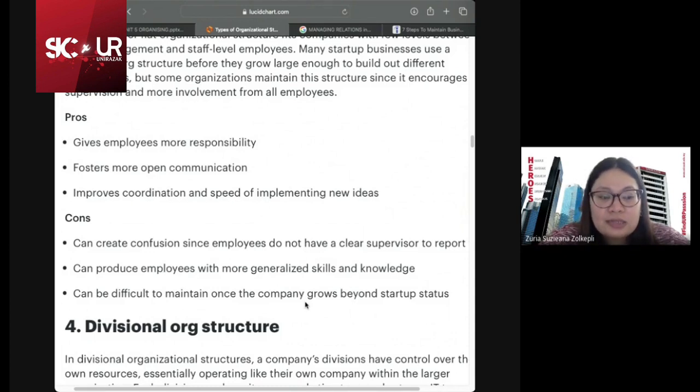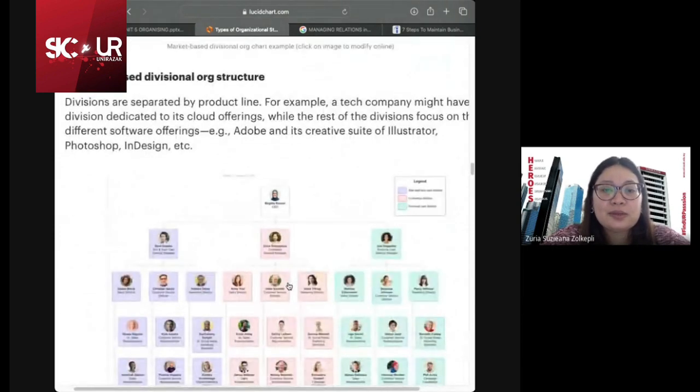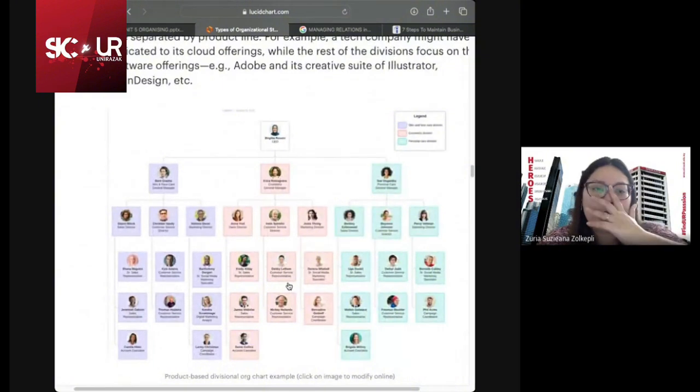Therefore, they need proper management to guide them, to supervise them, and so on. Okay, so once the company grows, they might need hierarchy again. Okay, and the rest is division, product based. I want to highlight this one for product based.